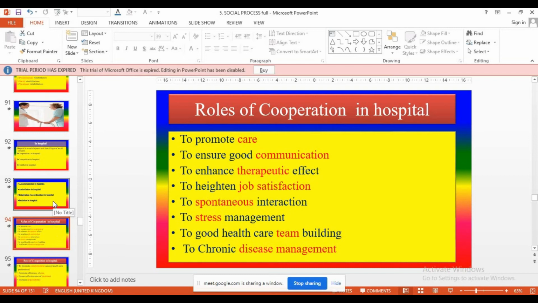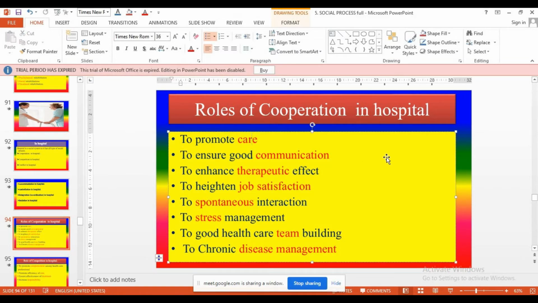Some detail about the role of cooperation in hospital. First role, care. For better care given to patients, every healthcare professional should cooperate and work together for client-oriented care.